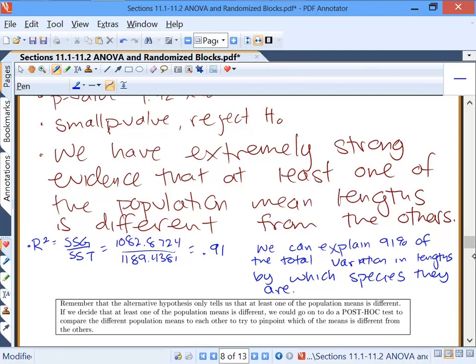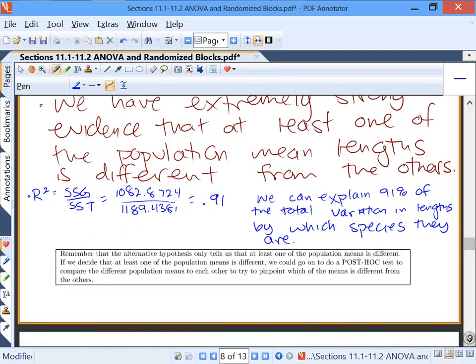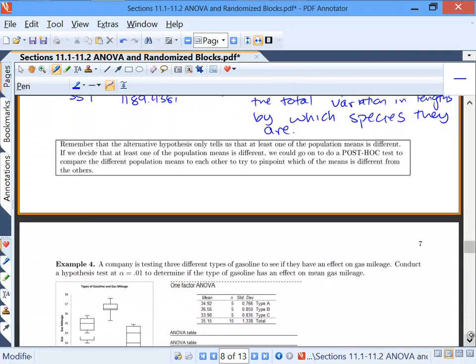And again, just another note, because we can't say it enough, ANOVA only tells us at least one of the population means is different. It doesn't tell us how many or which ones. If we want to know that, we have to do a post-hoc analysis. And your book goes into great detail on the post-hoc analysis if you want to know formulas and things like that.